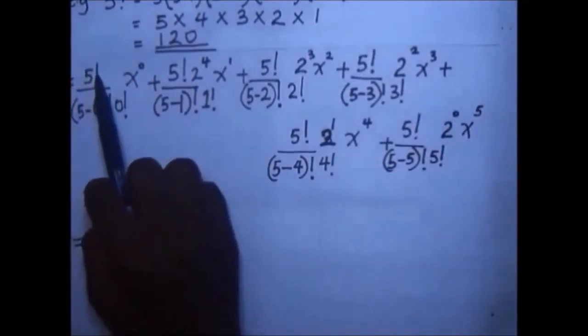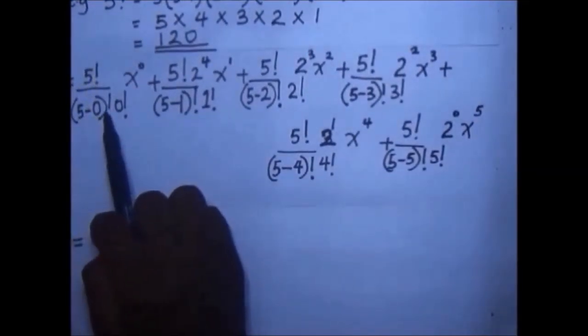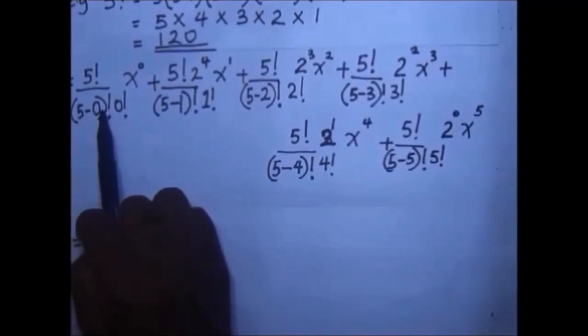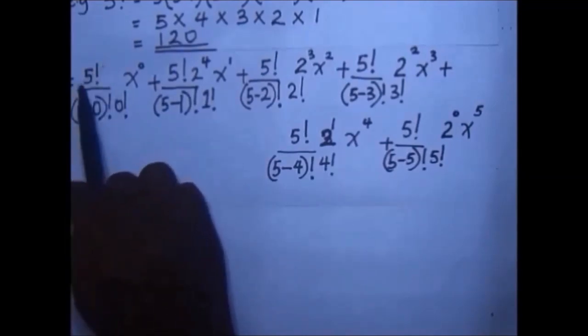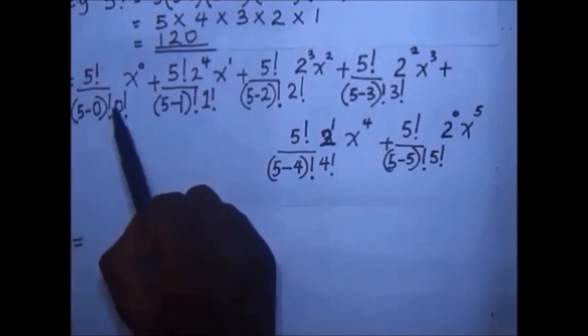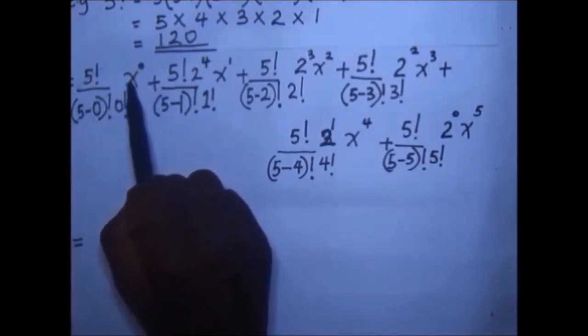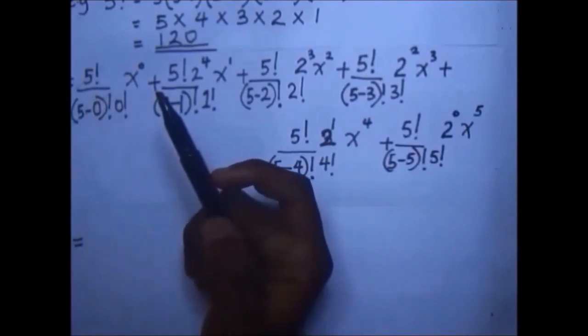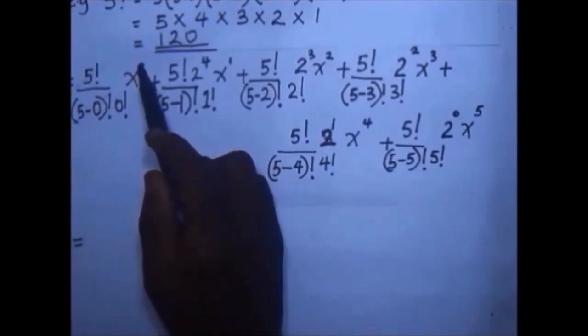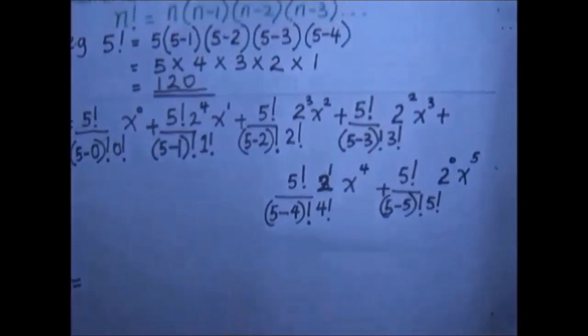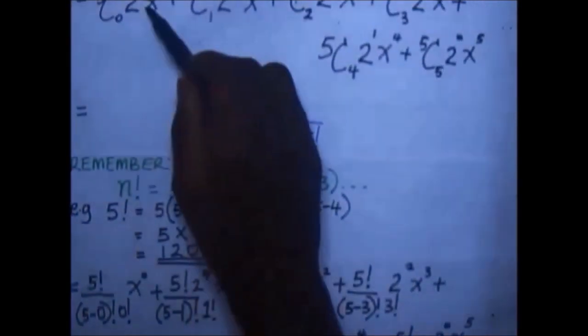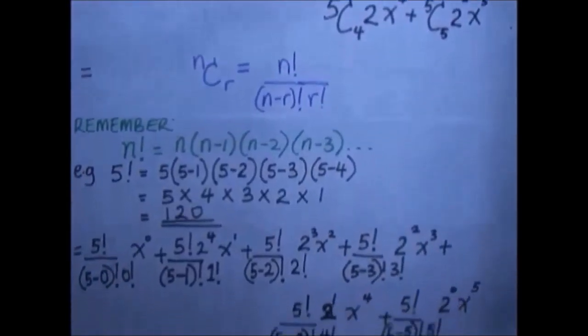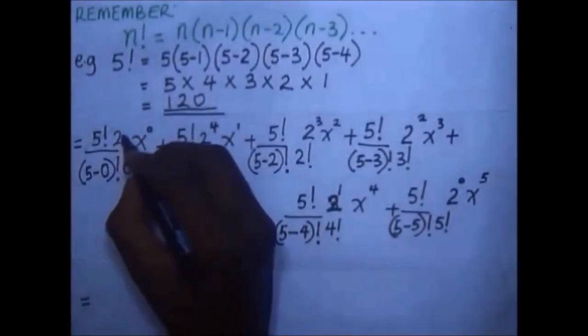This is 5 factorial; 5 minus 0 is the same as 5, so 5 factorial over 5 factorial will cancel, and you end up with 0 factorial. 0 factorial is equal to 1, and any number to the power 0 is 1, so this whole expression is going to simply become x to the power 0 times 2 to the power 5. I had forgotten that 2 to the power 5.